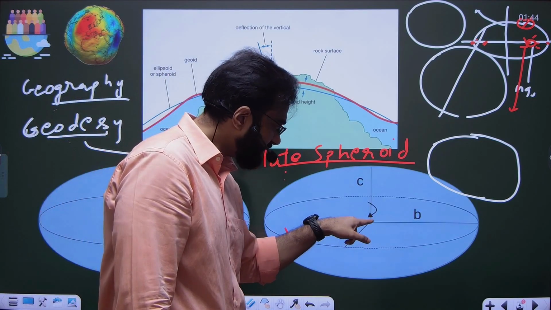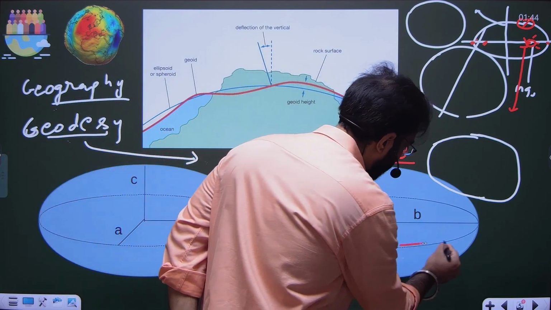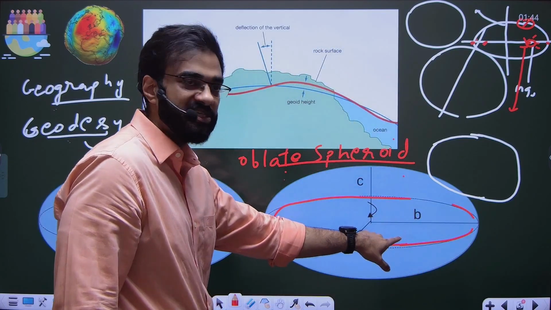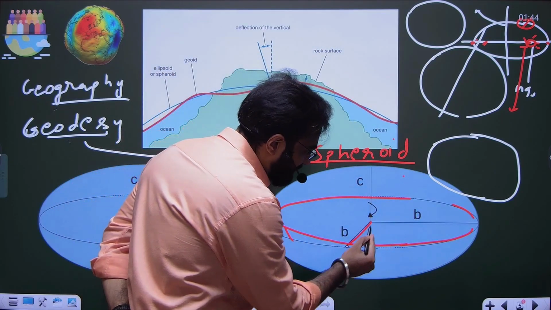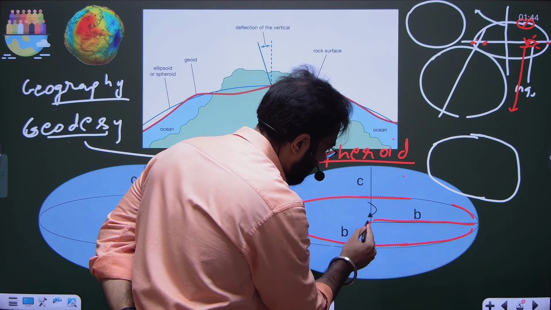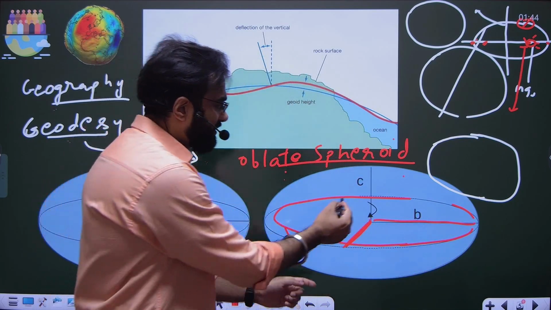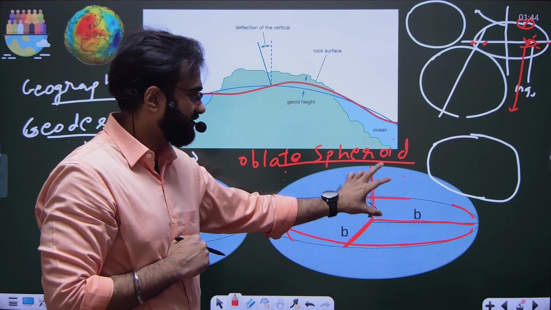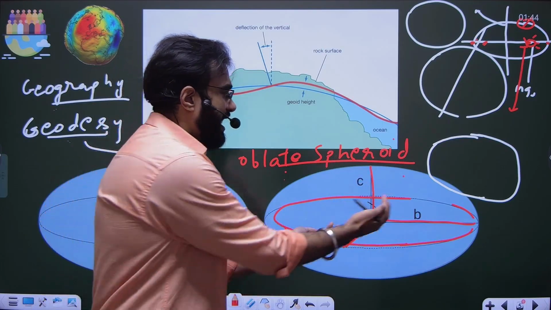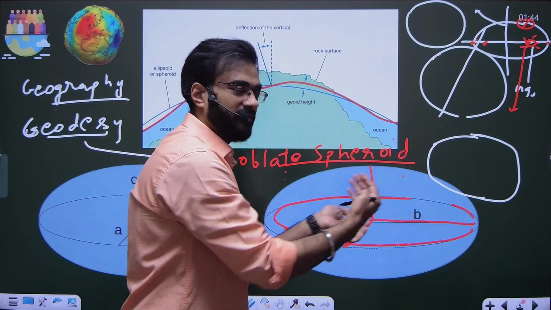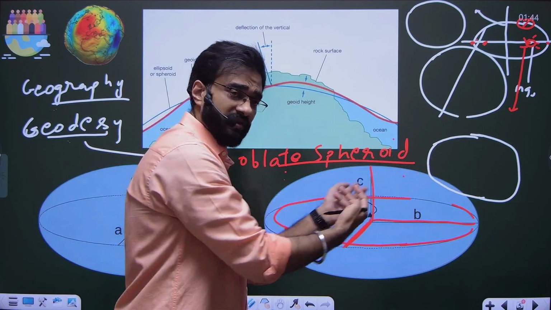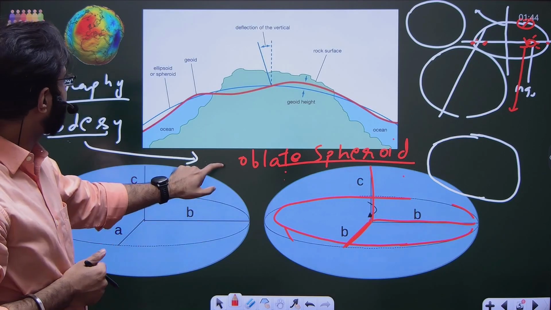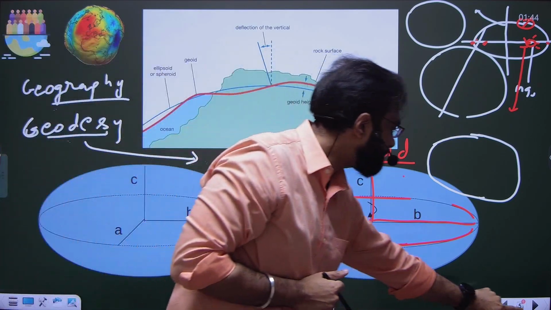But here, if we treat this as the equator, the line which divides the Earth into two equal hemispheres, these two axes, the equatorial radii, are equal in length. And this is the rotational axis, which has a different length, and the Earth is rotating west to east. Okay, so it is rotating about this C axis. So this is the main point.